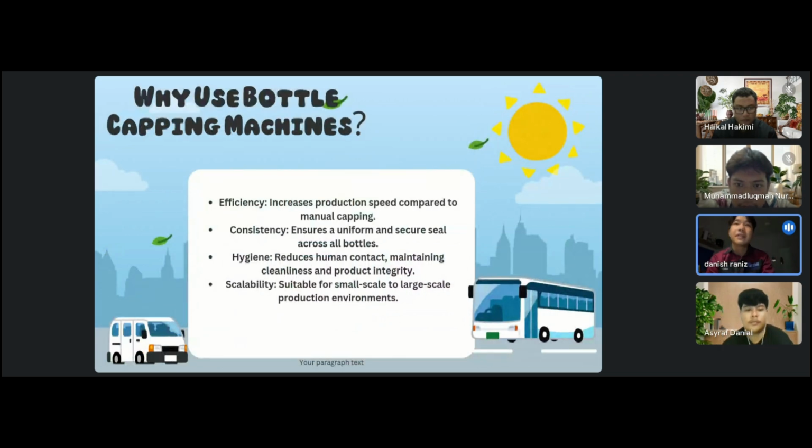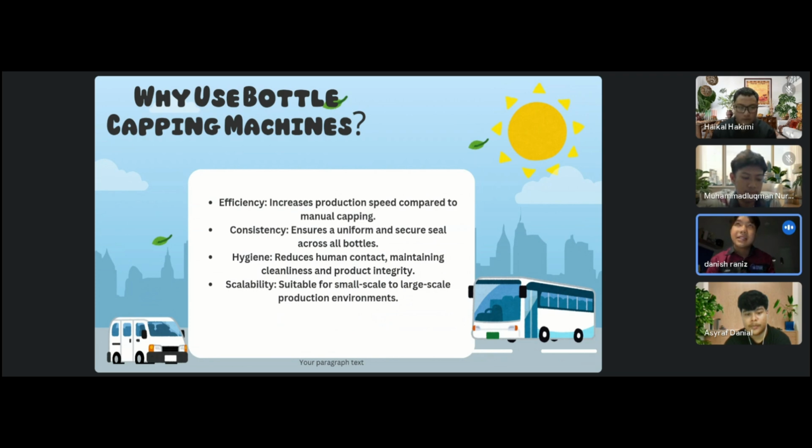Because of efficiency: it increases production speed compared to manual capping. Consistency: it ensures a uniform and secure seal across all bottles. And hygiene: it reduces human contact, maintaining cleanliness and product integrity.